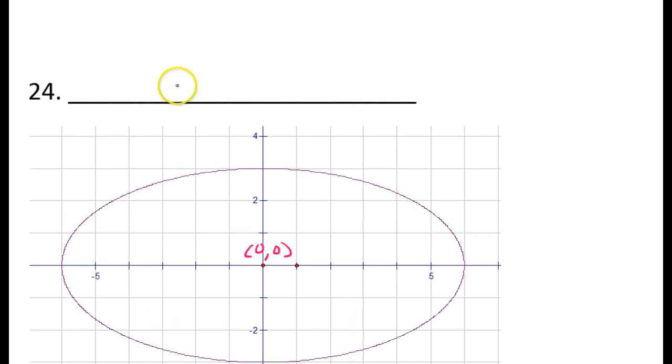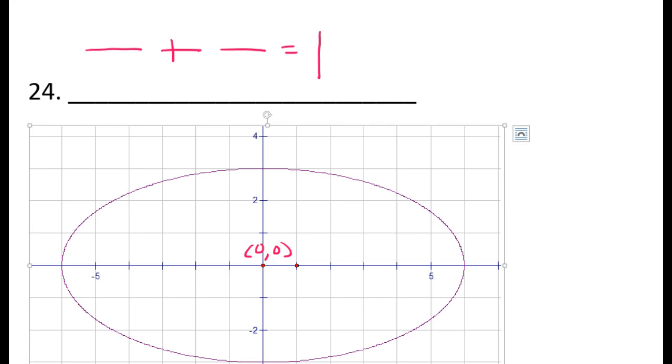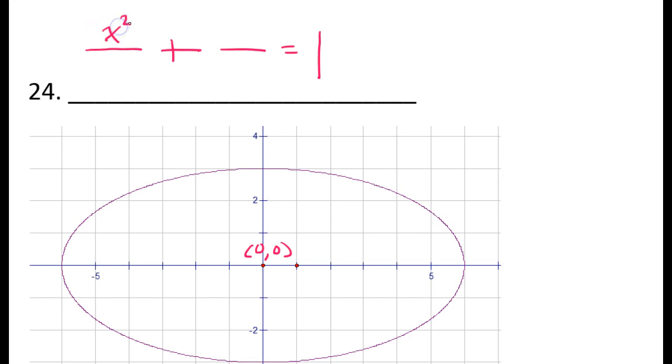So when we set up the standard form equation, we saw that it was a fraction plus another fraction, and it was always going to equal 1 in standard form. Fraction plus a fraction equals 1. Now if the center is 0, 0, this will just be x squared and this will just be y squared. So the numerators will simply be x squared and y squared.